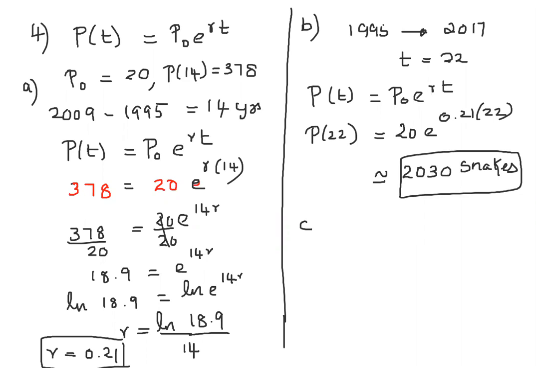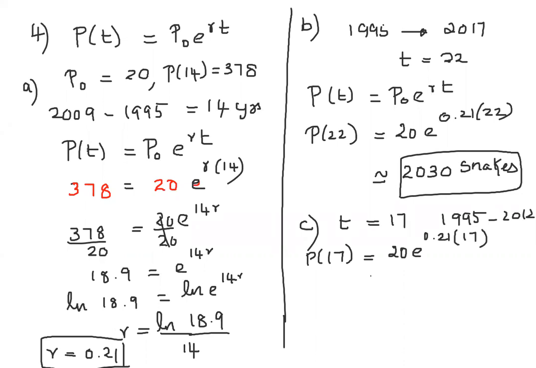Then part C, we have if the ratio of the pythons living in the wild to pythons captured is approximately 100 to 1, how many pythons were estimated to be in the Everglades in 2012? So for 2012, again t equals 17 from 1995 to 2012. And so P of 17 equals 20 times e to the power 0.21 times 17.